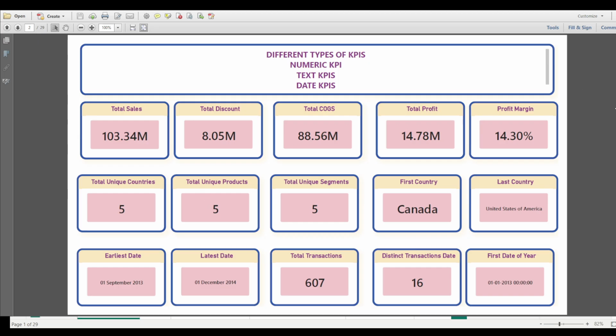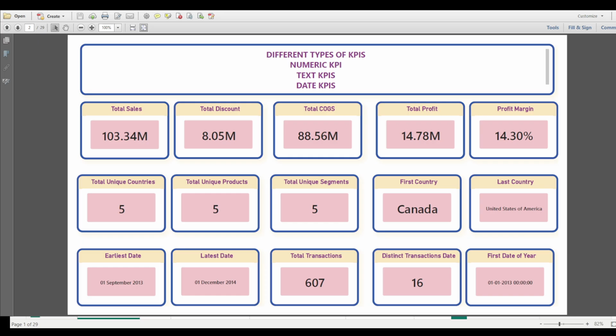Whenever you will be making a report for this midterm examination, here you have to give the title, and the 5 KPIs should lie in one row, and all the KPIs or all the cards should be well formatted. Below this you have to create visuals, 5 visuals you have to create.